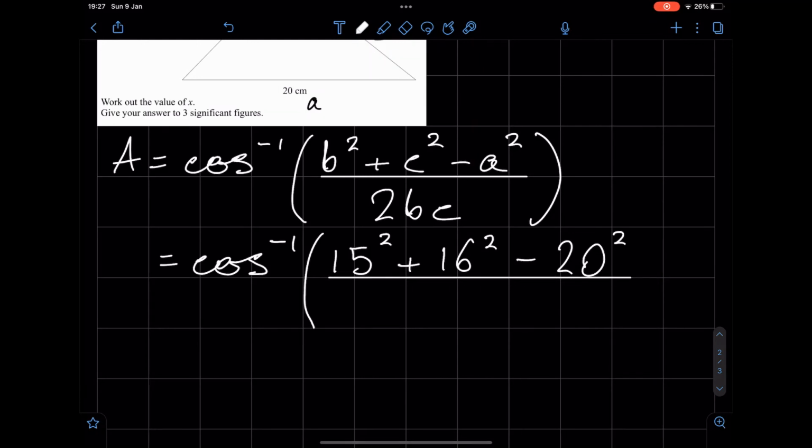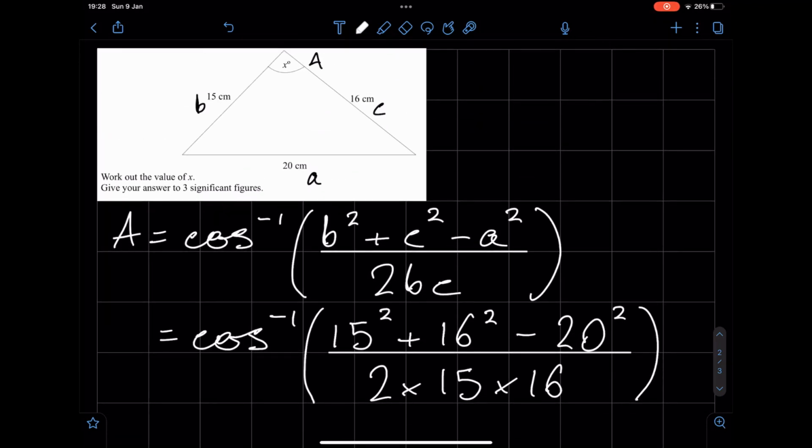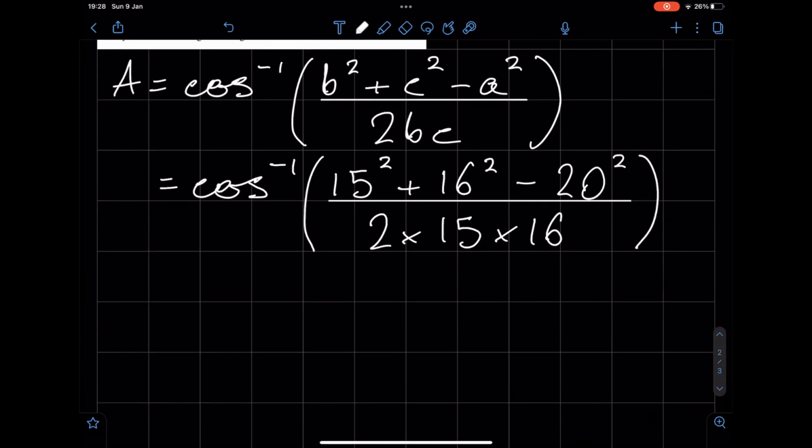And then we divide that by 2 times 15 times 16. It's really important that we make sure that the side here that is negative is the side that's opposite the angle we're working out. Because if it isn't, the formula doesn't work.